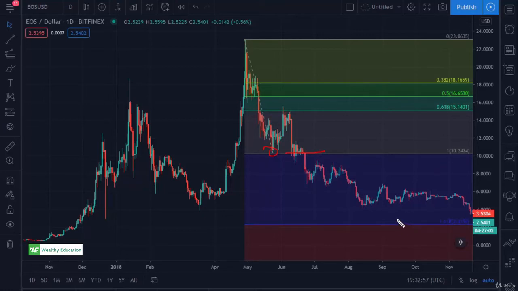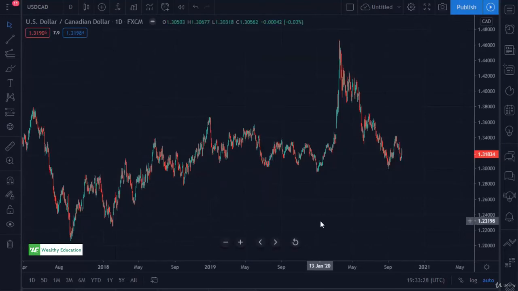Now, obviously, you need to place your stops according to whatever the price action says, but this at least gives you an idea of how to enter a trade or enter a trend that has already clearly asserted itself. Dollar Canadian dollar.